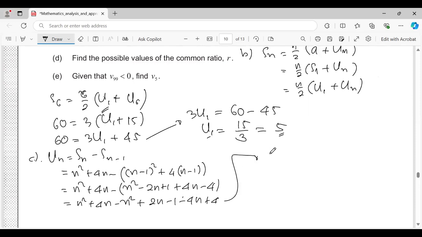We cancel these. So Un equals 2n plus 3. This is Un.